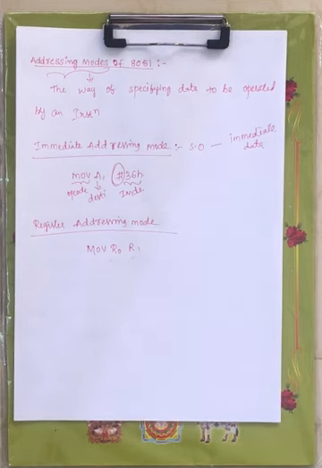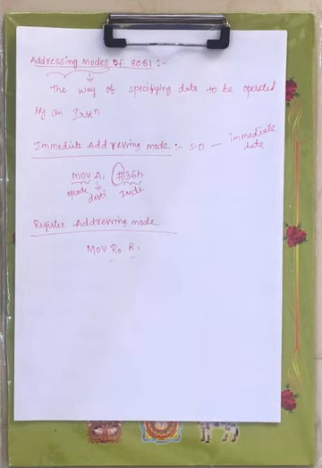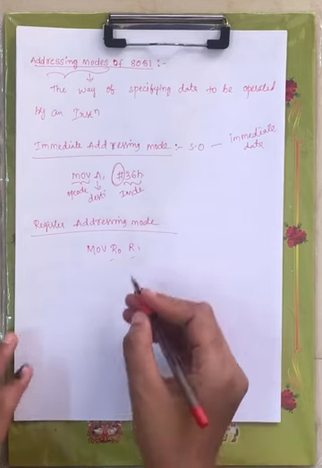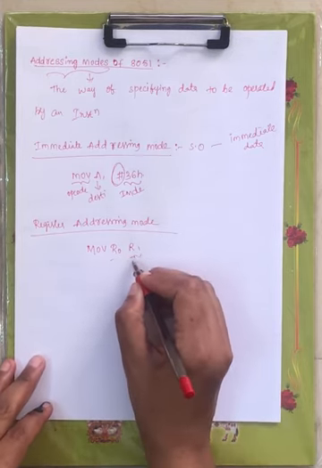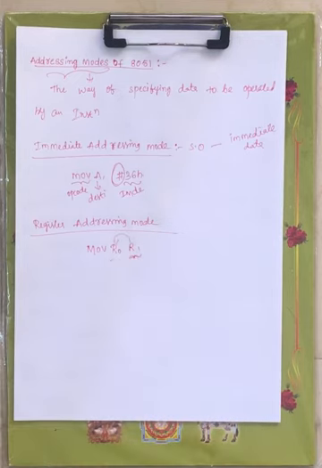You have 4 register banks under your 8051 microcontroller. Each register bank internally has 8 registers, and each register can store 8 bits of data: R0, R1, R2, R3, and so on up to R31. Now coming to register addressing mode, whatever data is in the R1 register is moved to the R0 register.